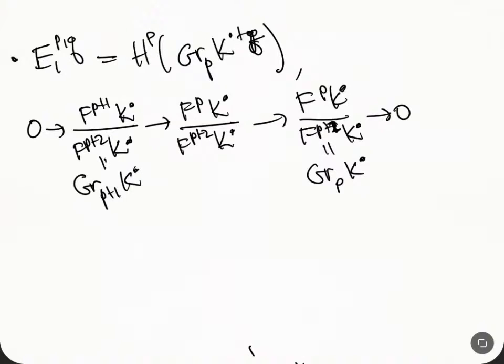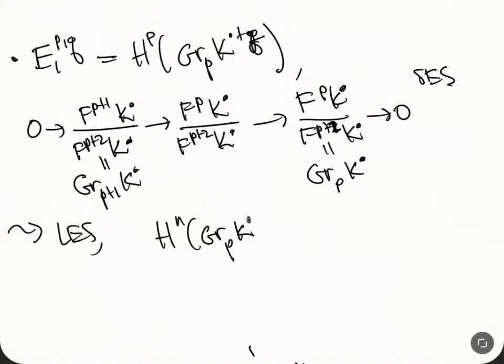So this tells us this is a short exact sequence, and then there's an associated long exact sequence where we have connecting homomorphisms. So when you have a short exact sequence, you have these H0s, and then it whips around, and then it comes down to the higher one. And so this tells us that in the long exact sequence we get these connecting maps from H n of the graded piece of K bullet to H n plus 1 of K bullet.